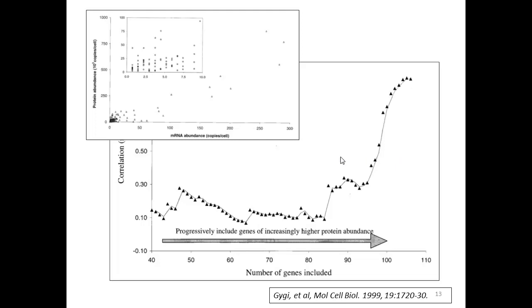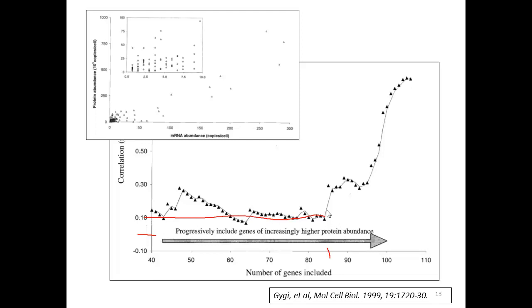Now let's look at what they did when they started calculating the correlation values. They were correlating the amounts of mRNA and protein starting at those that are expressed at the lowest levels. And what they saw was that the correlation coefficient for the first 85% of mRNAs and proteins, there's almost no correlation. As you know, correlation coefficients can go from 1, very correlated, to -1, anti-correlated, and no correlation is a value about 0. 0.1 is extremely low, and people would say that's essentially no correlation.